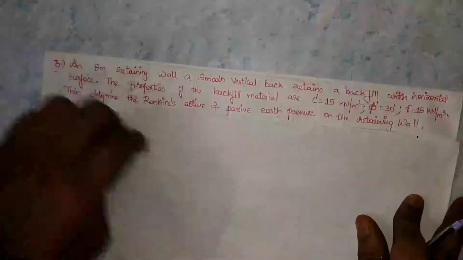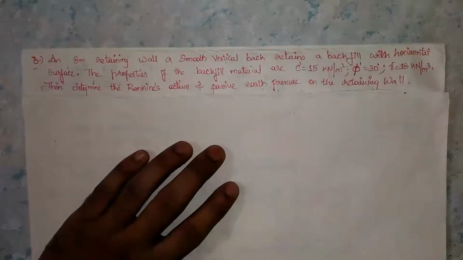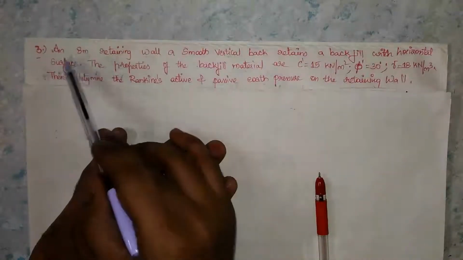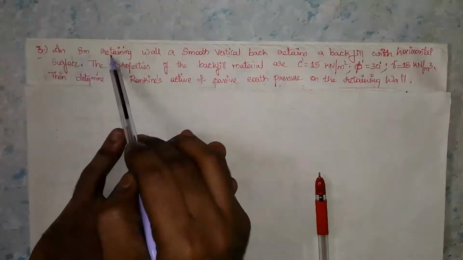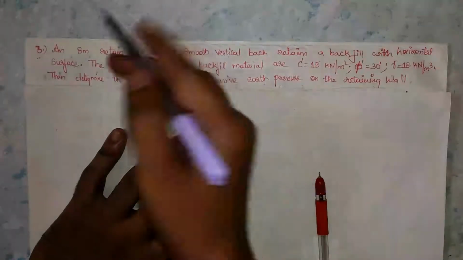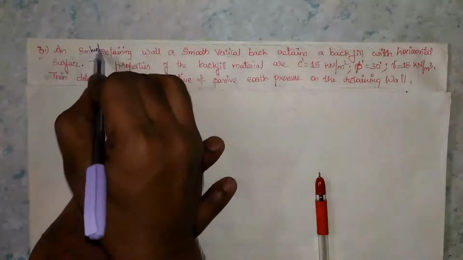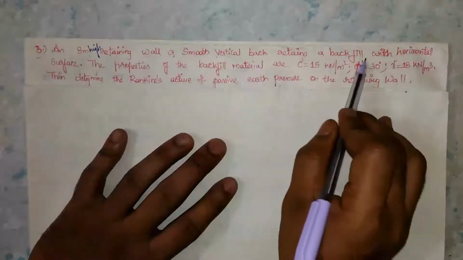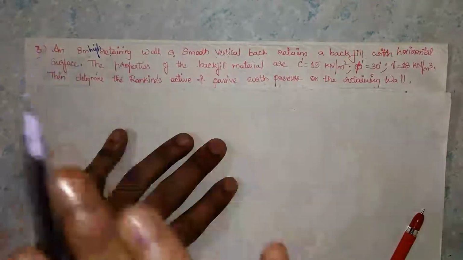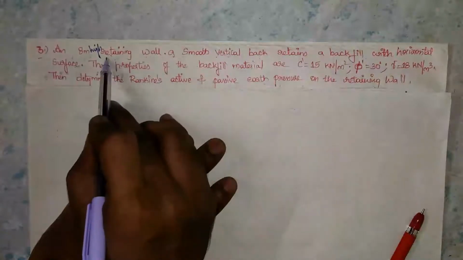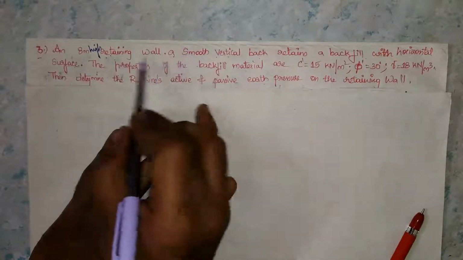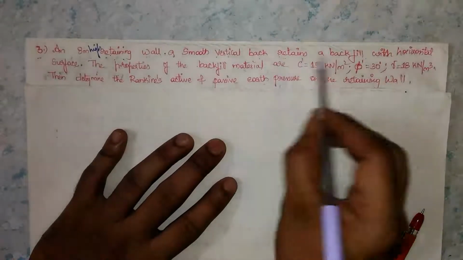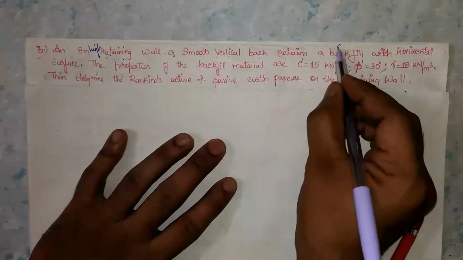Okay, next, this is the third question. Read the question carefully. An 8 meter height retaining wall with a smooth vertical back retains a backfill with a horizontal surface. What he has mentioned is the height of the retaining wall is 8 meters, which retains a backfill soil.